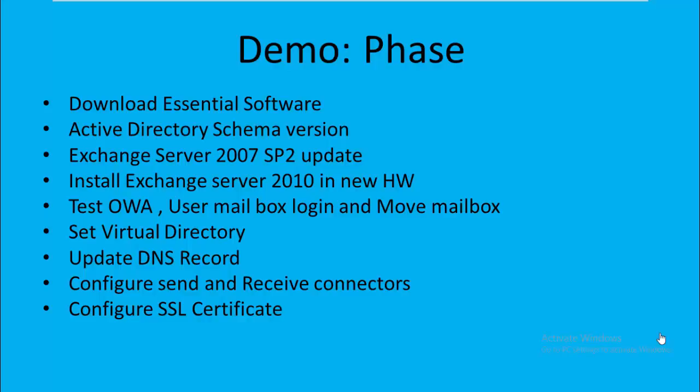Next, we need to configure the SSL certificate. Configuring an SSL certificate is, we can say, a three-step process. First you have to create a certificate request, a CSR. Then you need to upload the certificate request to the certificate authority.